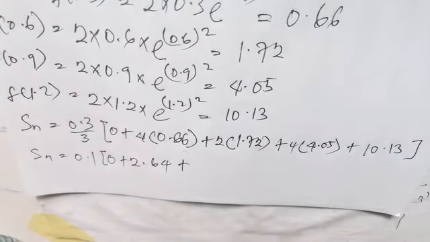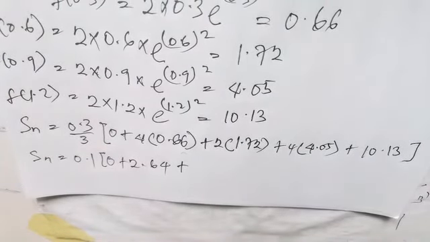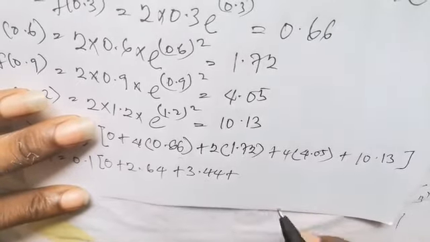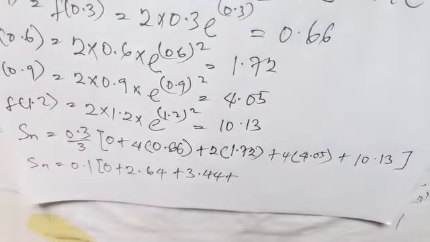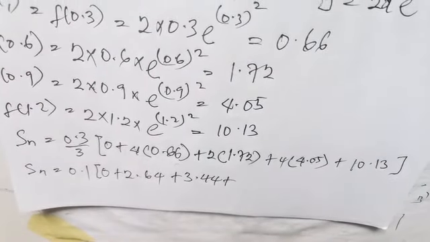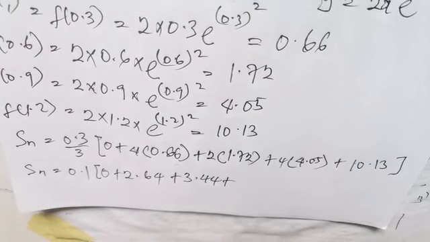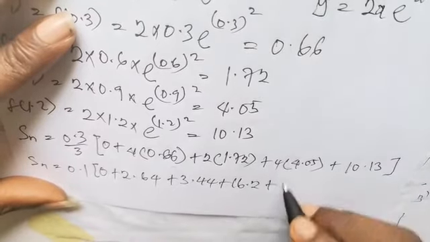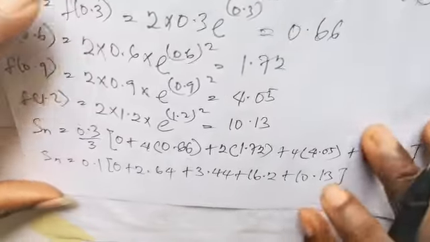Next, 2 times 1.72 gives us 3.44, plus. Next, 4 times 4.05 gives us 16.2, plus. Finally, we have 10.13. You close up.